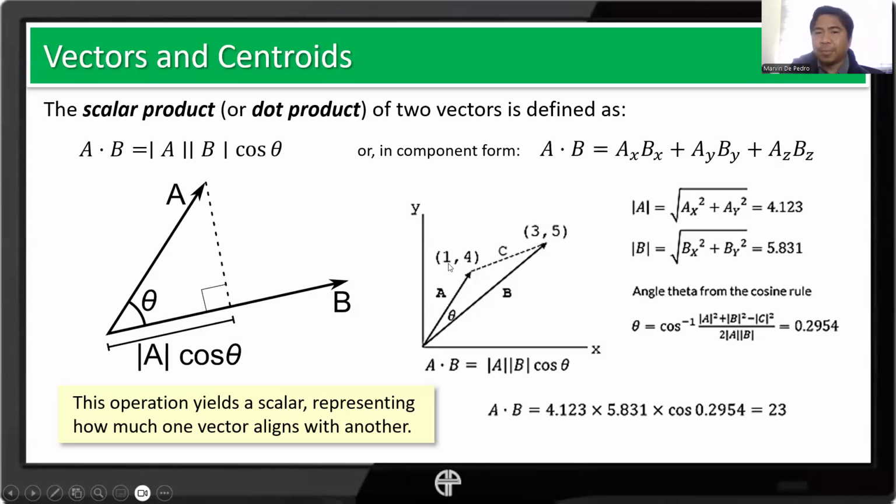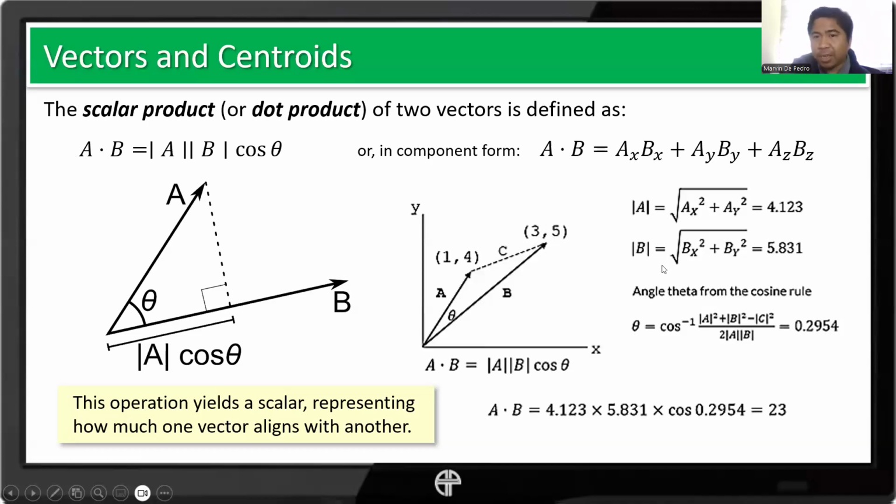You can plug them into this formula, the Pythagorean theorem, and you get your magnitude for A. That's 4.123, because 1 squared plus 4 squared, and then take the square root. Same thing with vector B. We have BX as 3 and BY as 5.